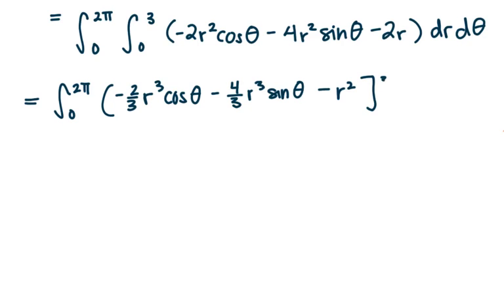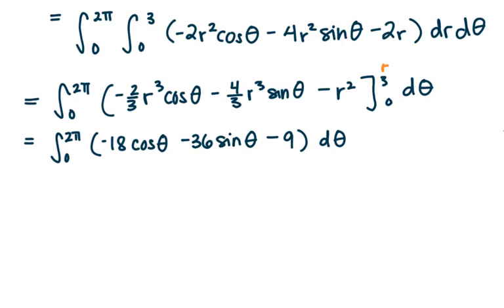We need to evaluate that from 3 to 0 and then integrate again with respect to theta. So keep in mind these are r values. We're plugging 3 and 0 in for r. 3 cubed is 27 times 2 divided by 3. We got negative 18. 3 cubed, again 27, times 4 divided by 3. We have negative 36. And 3 squared gives us 9. Plugging in 0, those will all go away.